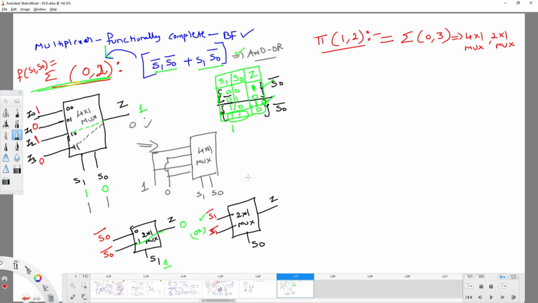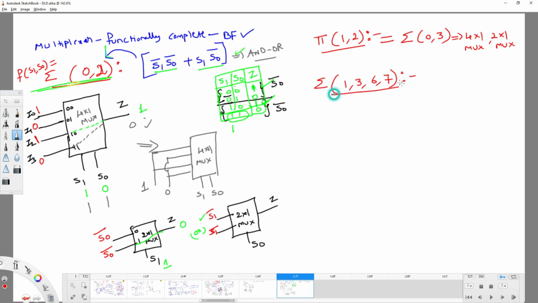Okay, fine. For example, let me do one more thing. Summation of 1, 3, 6 and let us take 7. Whatever the numbers may be.